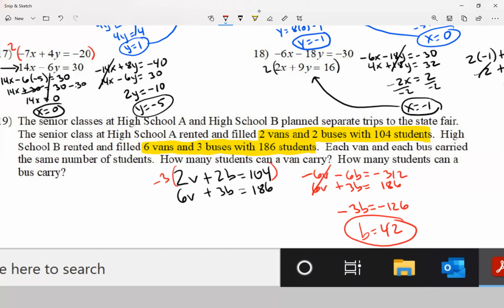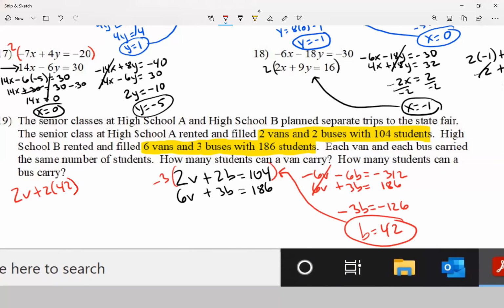Now to solve for V, I'm gonna use an equation. I'm actually gonna use this one before I multiplied. So let me use this as 2V plus 2 times 42 is equal to 104.